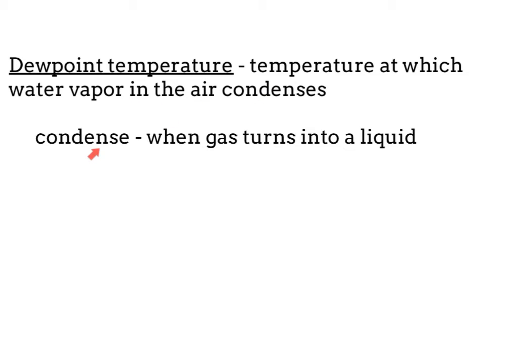And if you remember, to condense means when the water vapor as a gas turns into liquid water, okay? And you've heard this word before when we did our water cycle unit. That's when you have the water vapor in the air turning into little liquid water droplets, and that forms a cloud. But sometimes you can get a cloud when you reach the dew point temperature.